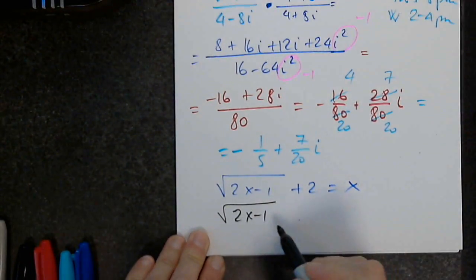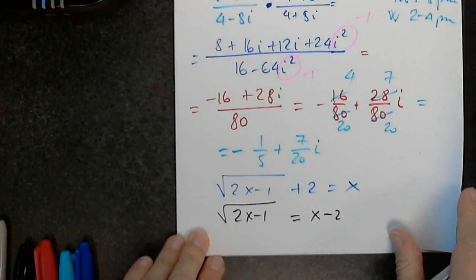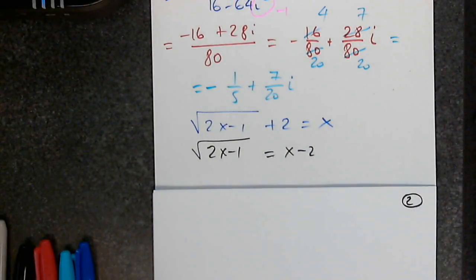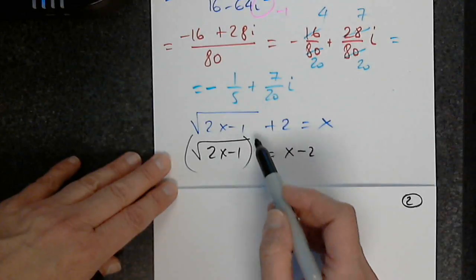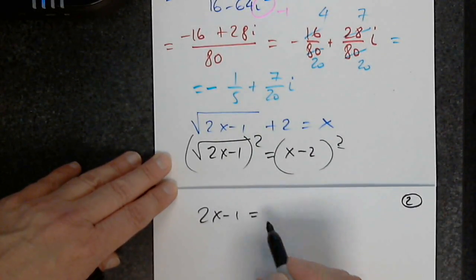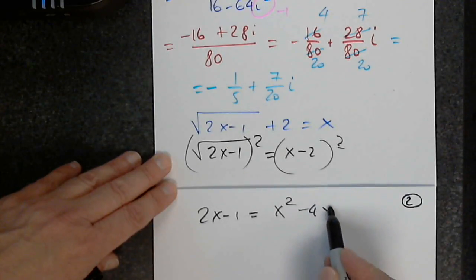The square root of 2x minus 1 equals x minus 2. Very good. Excellent. Next step. Take this square. Yes, very good. So I have 2x minus 1 equals x squared minus 4x plus 4.